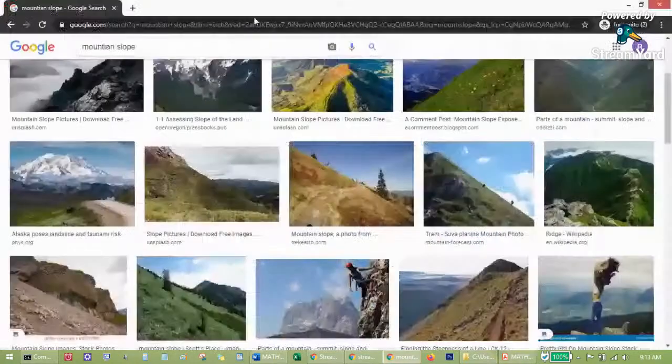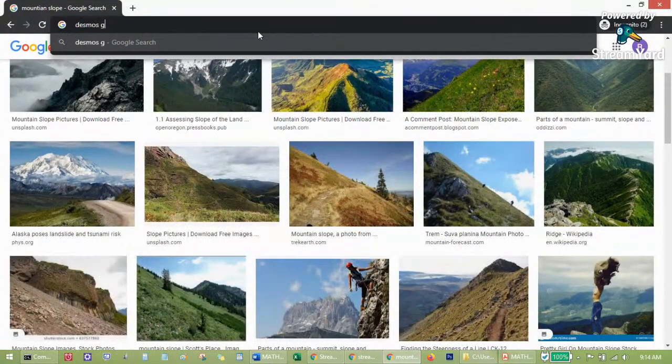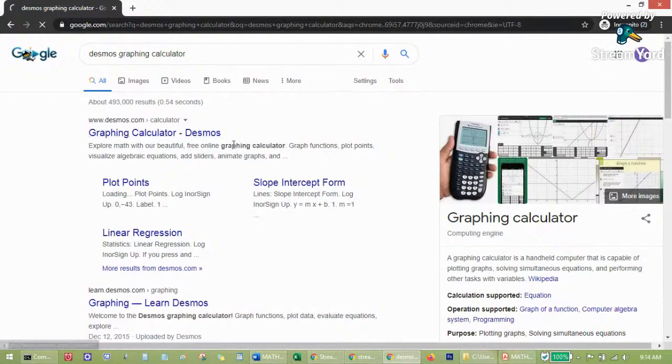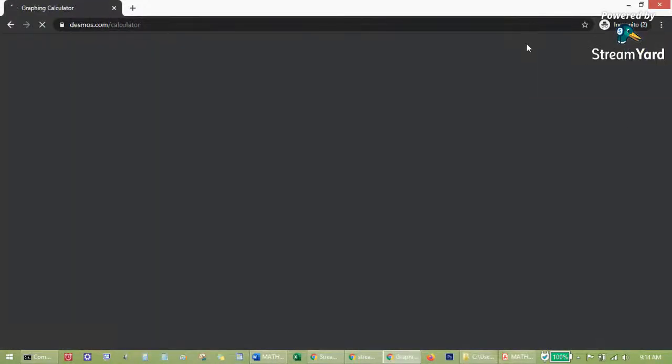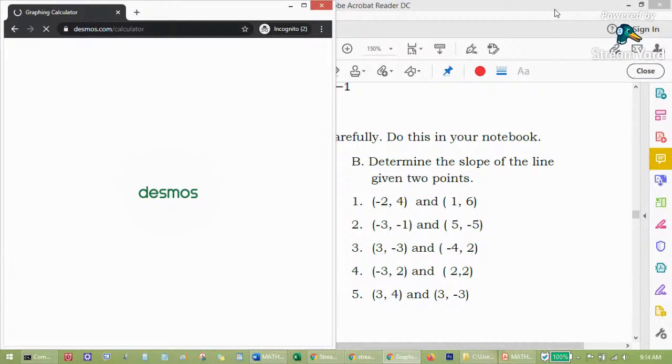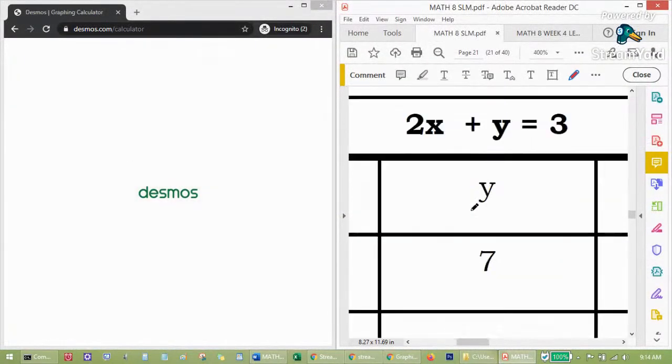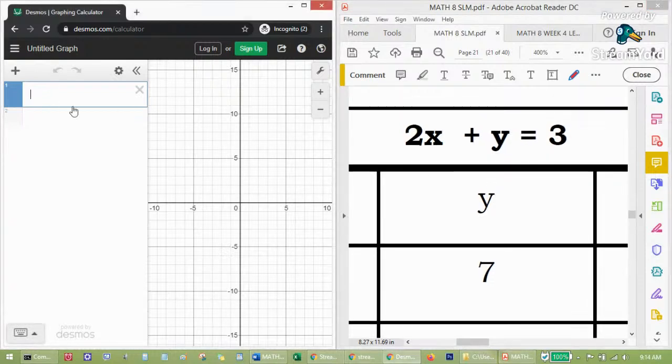Okay, pag gumamit tayo ng graphing calculator, nilagay natin dito is 2x plus y is equal to 3.